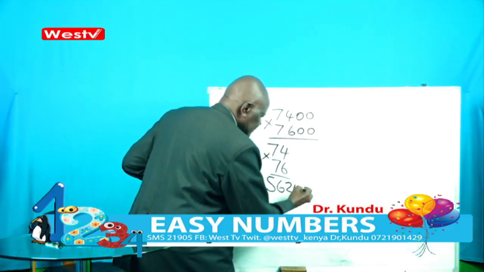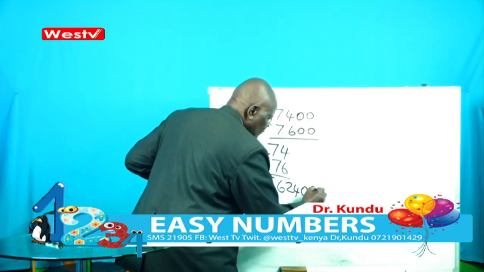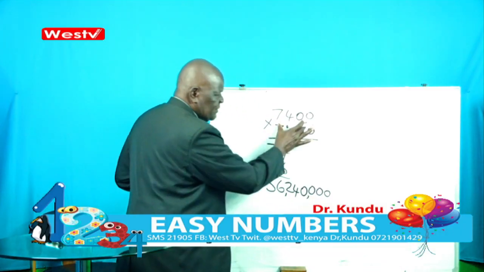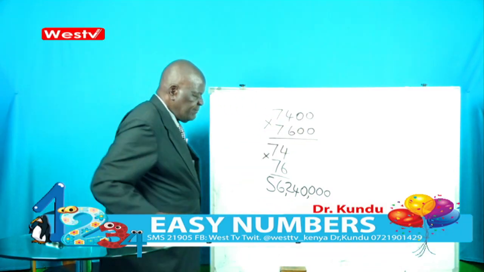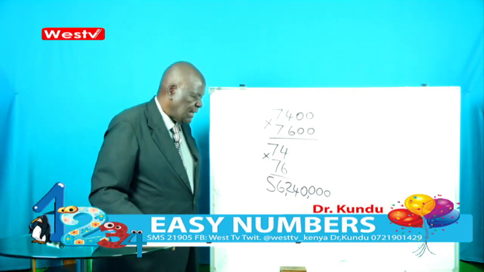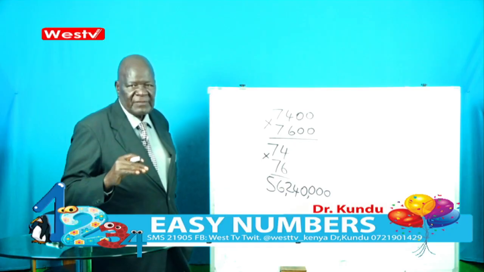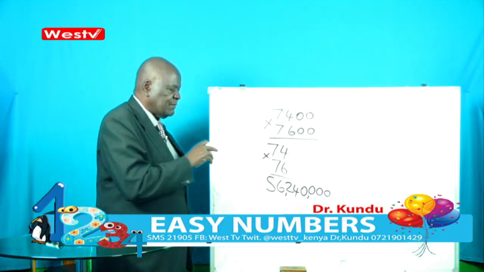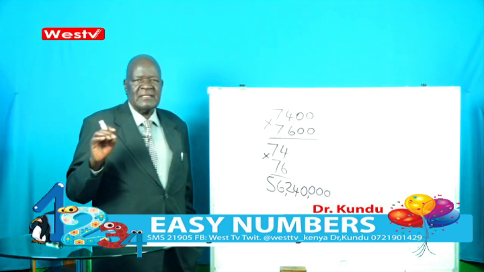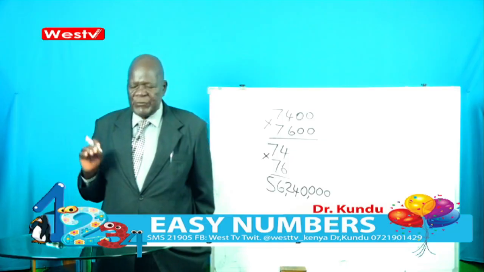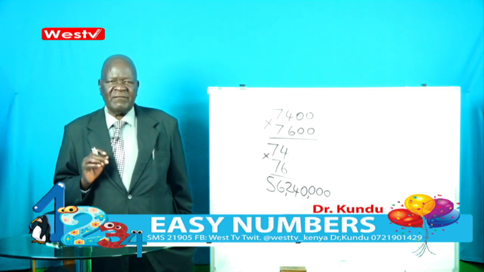And therefore the answer to this huge problem can be seen to be 56,240,000. And this is a problem you can do mentally. And this is a problem that grade 3, grade 4 children are doing mentally once I have trained them.